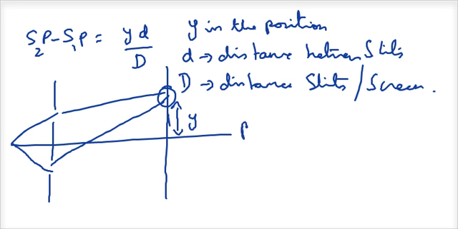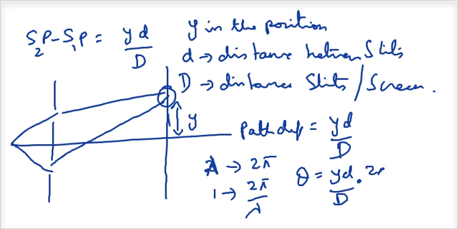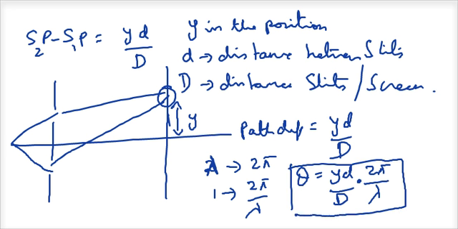So the path difference is equal to yd by capital D. So for lambda path difference, the phase difference is 2 pi. So for one unit path difference, the phase difference is 2 pi by lambda. For this much path difference, the phase difference theta will be yd by capital D into 2 pi by lambda. Yes, so this is going to be the phase difference at any point.